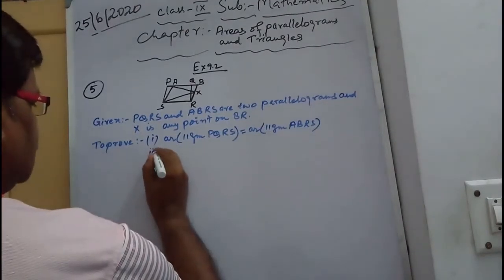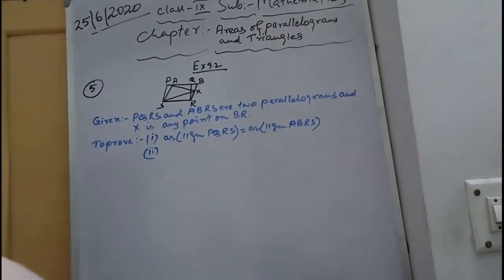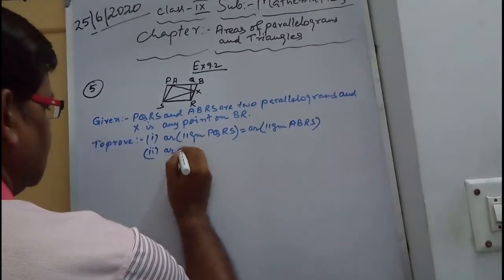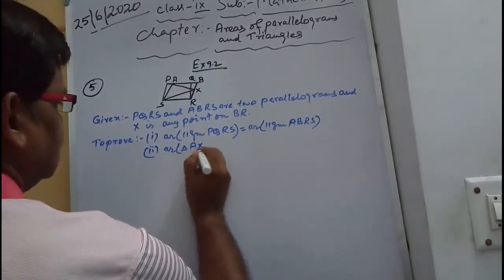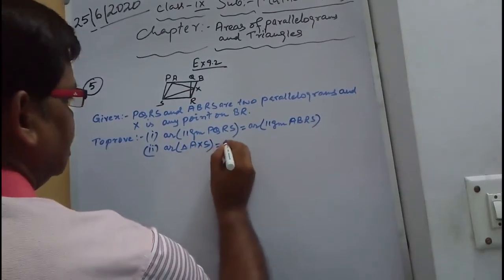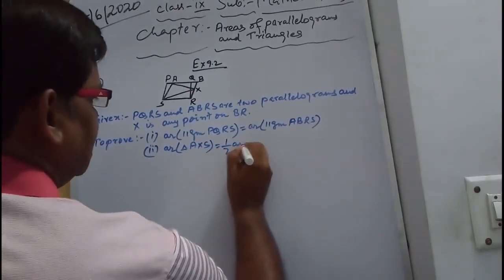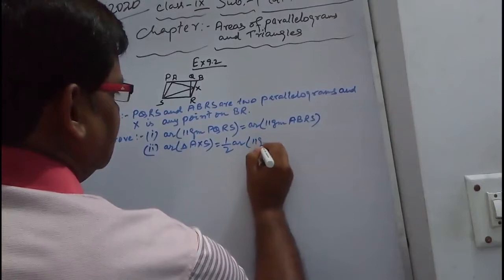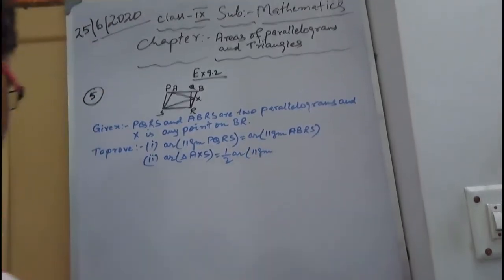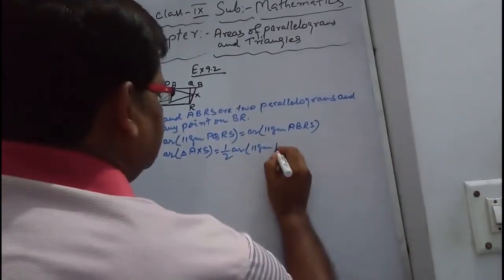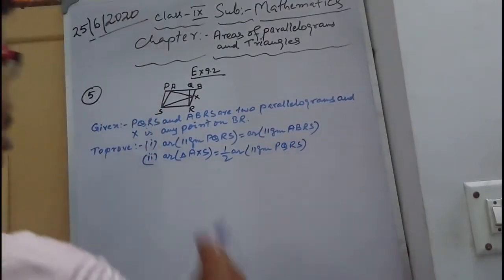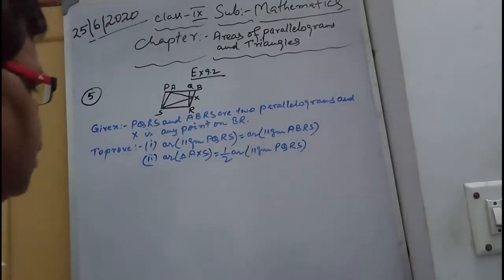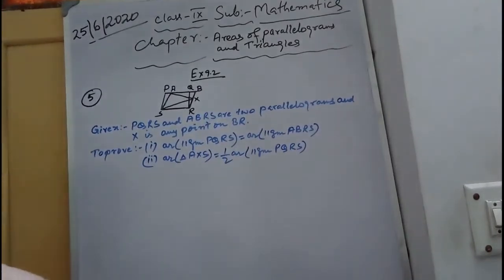Number 2, area of triangle AXS equal to half of area of parallelogram PQRS. So these two things you have to prove from this figure.